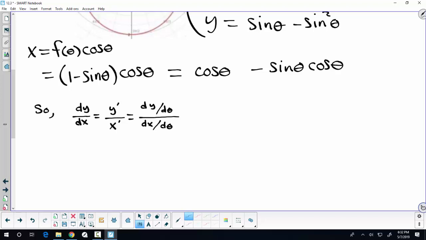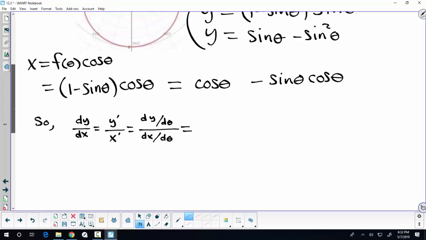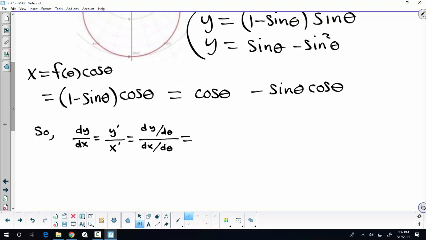And then from here on out, I'll just say dy over dx. So we take the derivative of y, derivative of sine is cosine, minus the derivative of sine squared, which is 2 sine theta cosine theta.